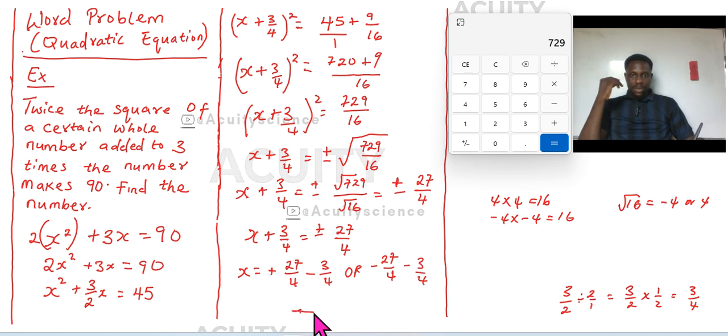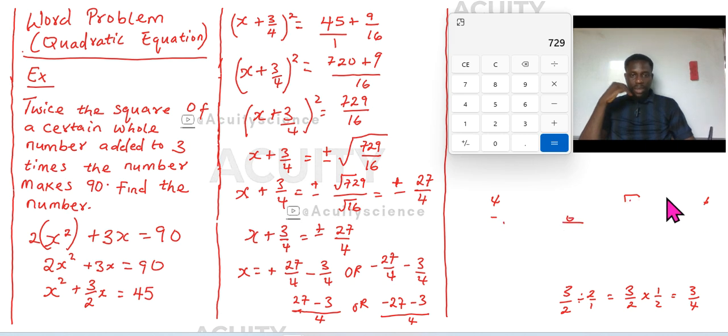Okay, so LCM here is 4. We'll have 27 minus 3, or LCM here is 4, we have minus 27 minus 3.